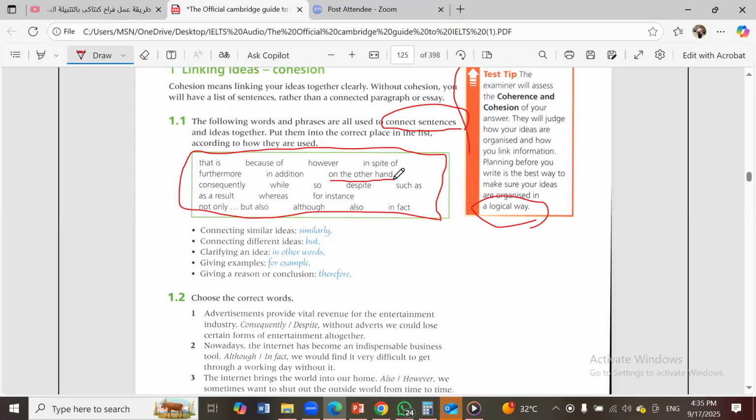On the other hand. In contrast. For example: the weather in summer is extremely boiling. On the other hand, in winter it's chilly. Okay, so consequently.